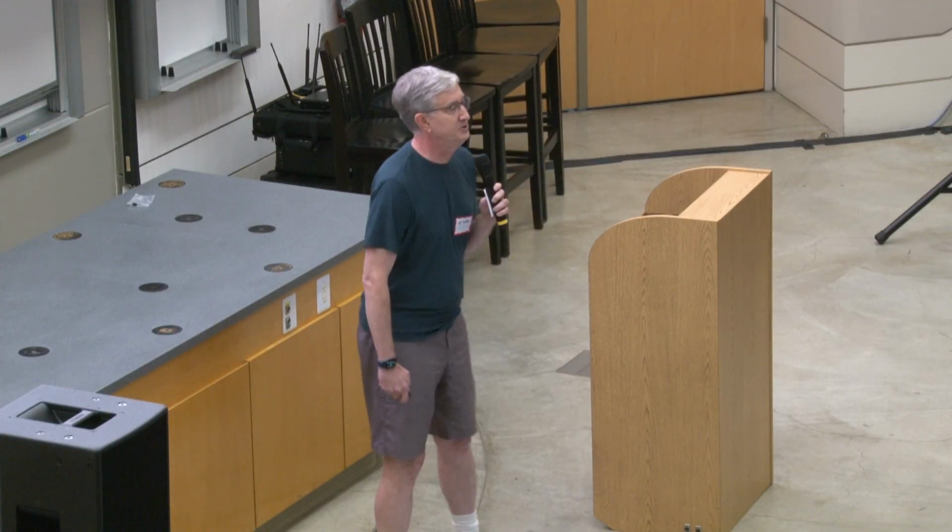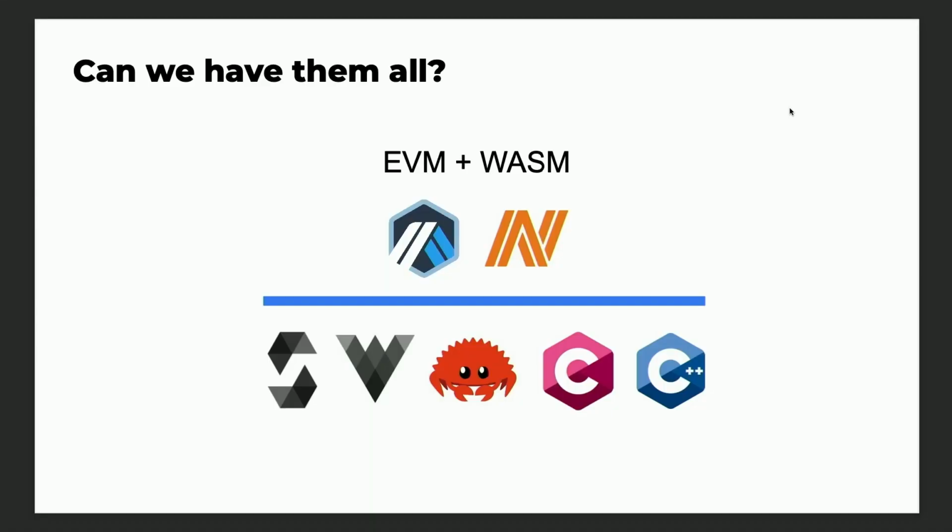What we really want is to have them all at the same time in a fully composable way, meaning not that there is a separate chain for each one, or even a separate component on each chain, but that you have full interoperation, full composability, even within the same transaction, between smart contracts written in the EVM style and smart contracts built in the Rust style.